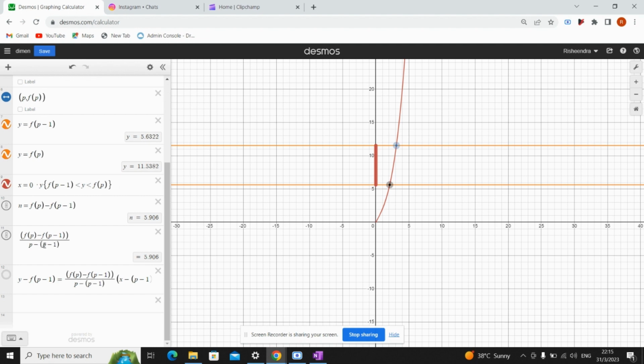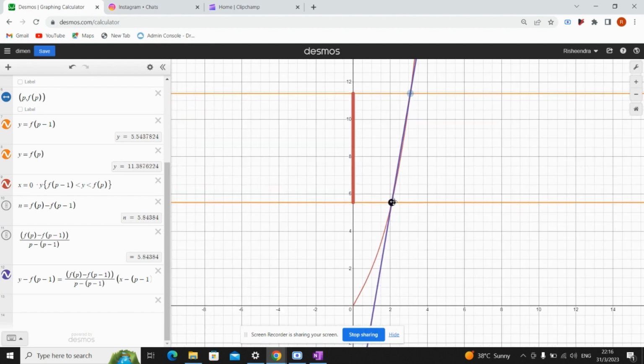If you expand it, p cancels and minus into minus 1 gives plus 1. That's it. So the slope between these two points is equal to the vertical distance between these two points.